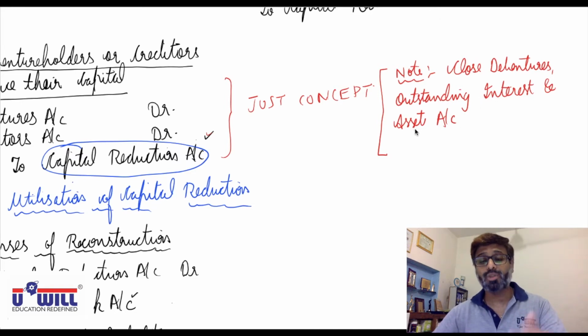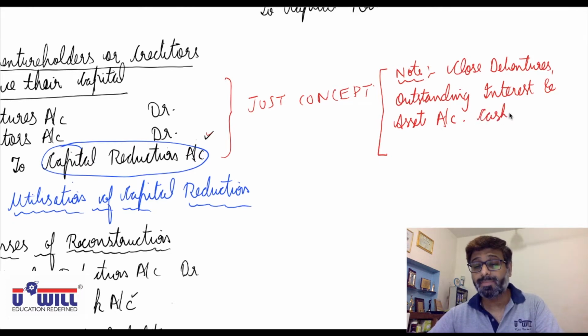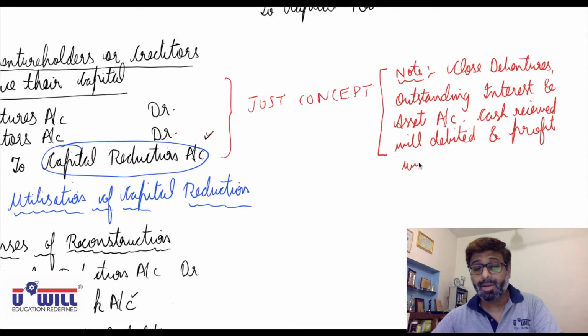Asset is a debit balance, so you credit it to close it. Okay. Further, cash received will be debited by the rule. Debit what comes in, cash comes in, and profit will be credited to capital reduction account.